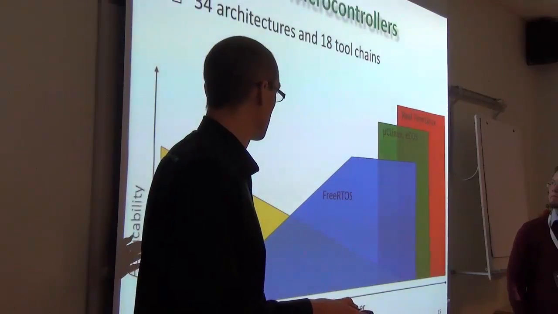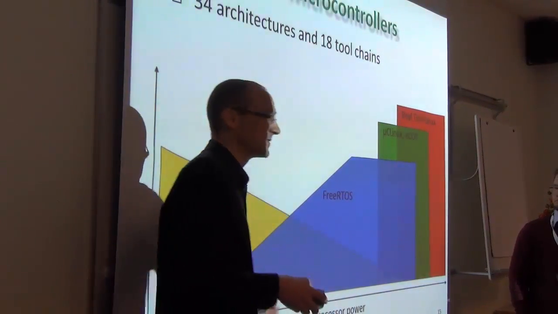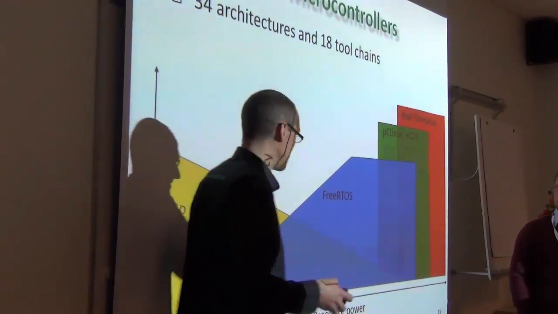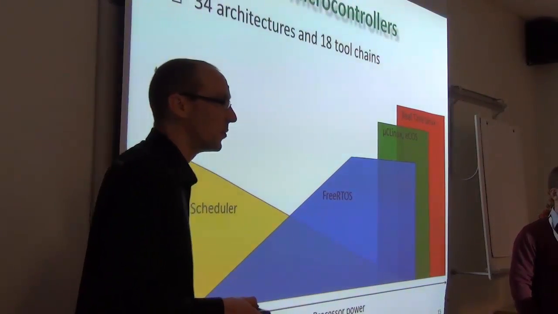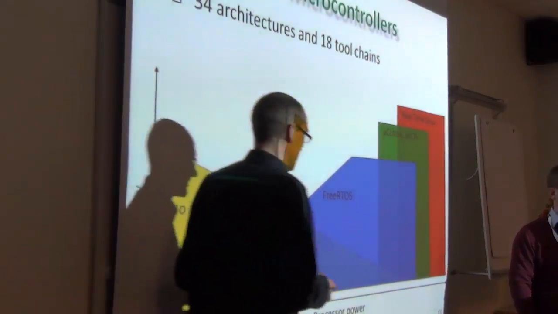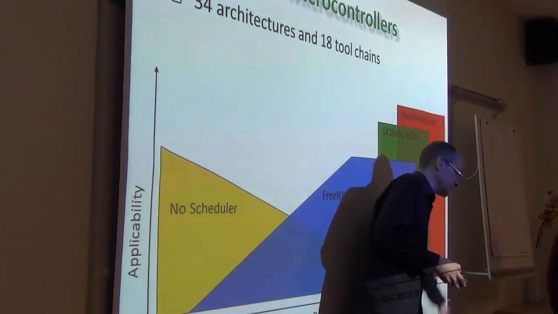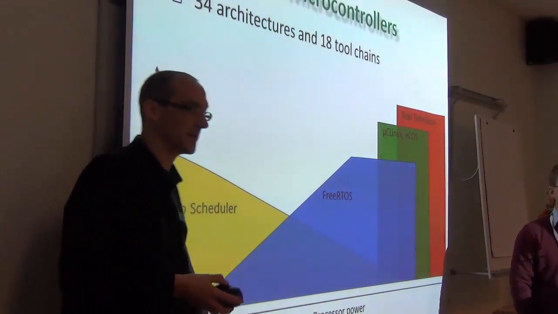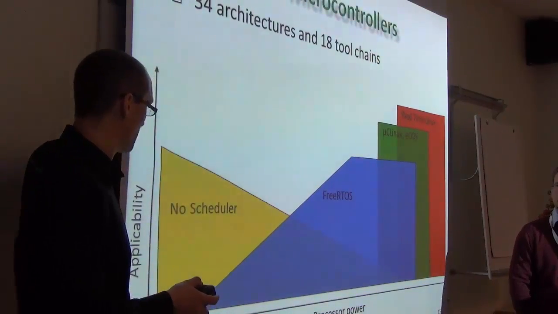So the type of system it runs on, well, it's very difficult to quantify what these axes are here. So processing power. Down here you've got a 4-bit, old-fashioned 4-bit processor. I say old-fashioned, still used a lot. And up this end you have the latest Intel server-style, massive, great big processors with 8 cores on them or whatever. And then we have applicability.